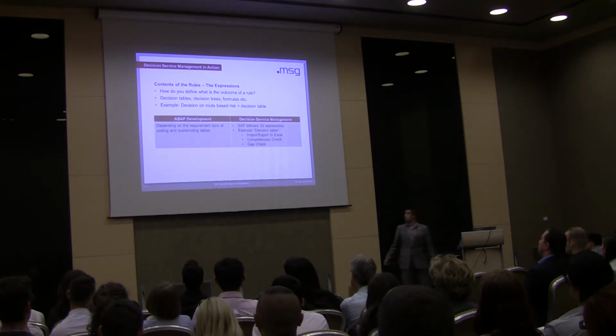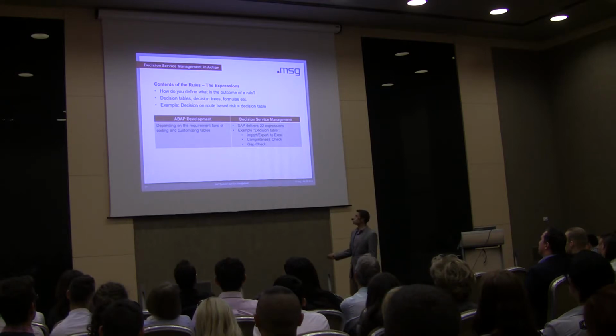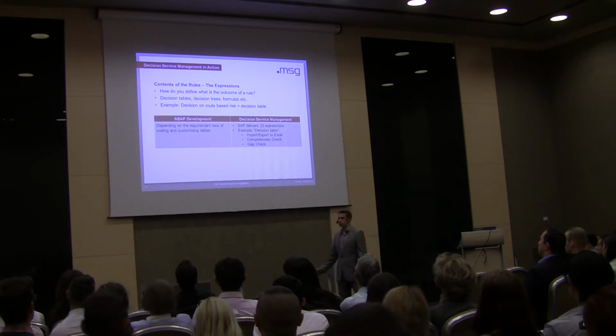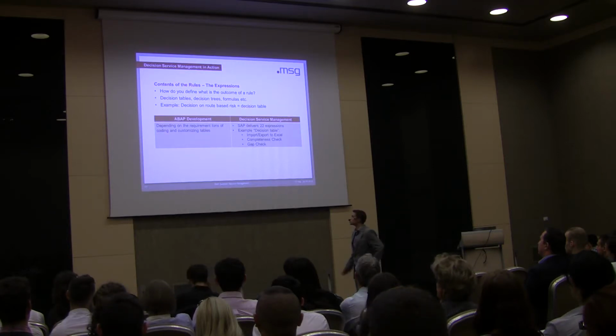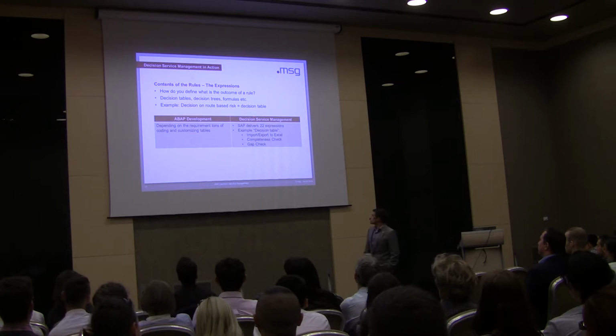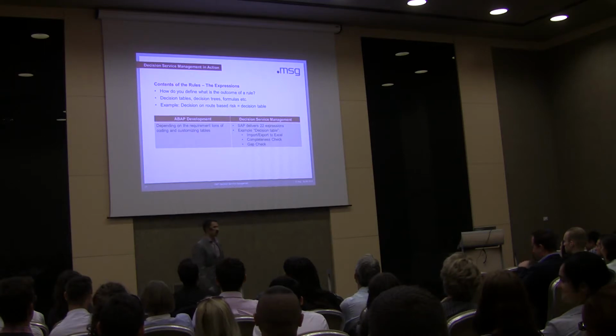So what would you have to do with our development? Well, depending on the requirement, coding, tons of coding, customizing tables, I don't know. It's really depending on the requirement. Within Decision Service Management, SAP delivers 22 expressions. If you have this little lady installed called HANA, you have 24, because you have some HANA artifacts that are used.